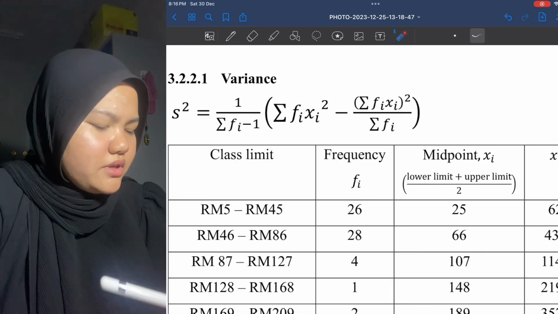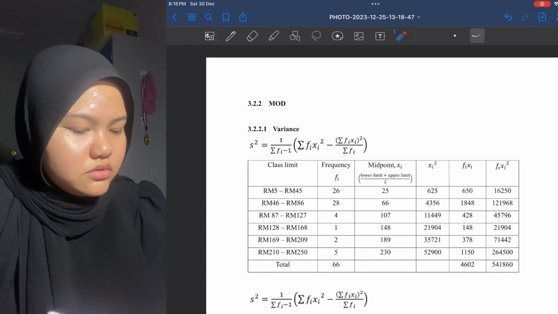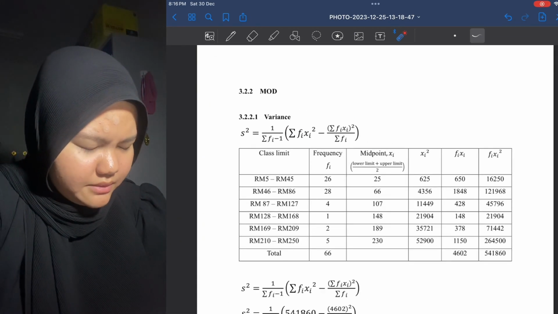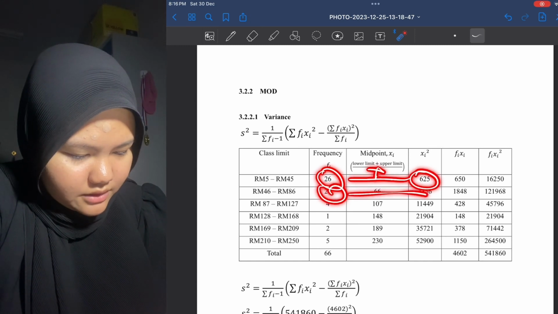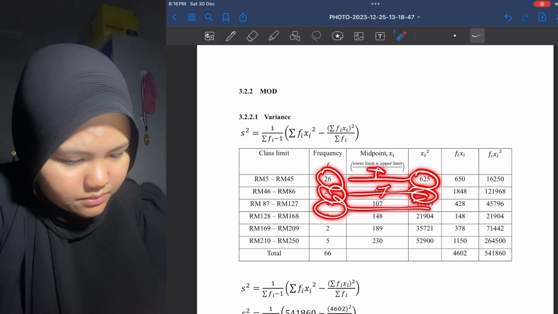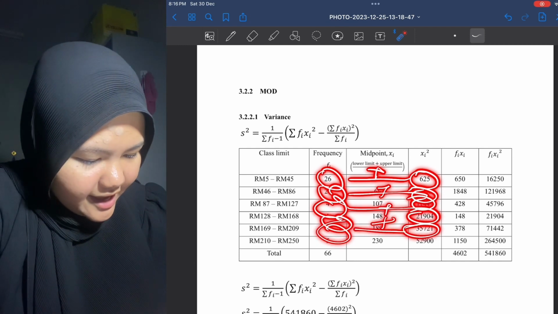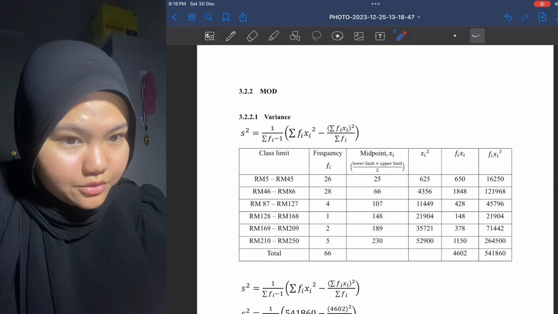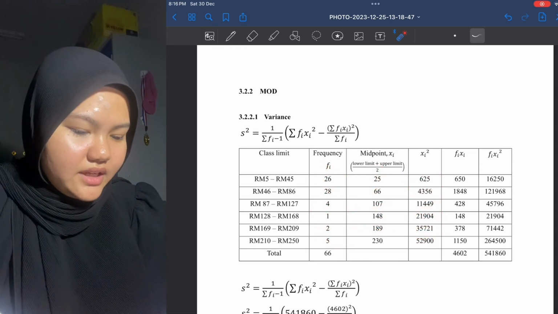For this one, you have to multiply these two values, all of them. After you have the values, you have to sum them up like this.